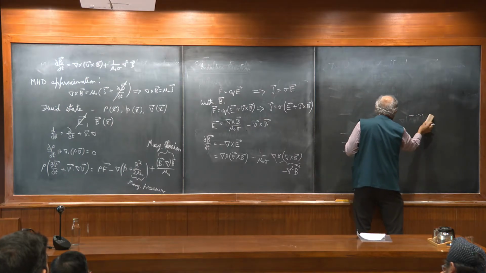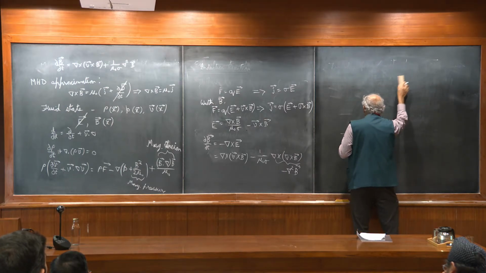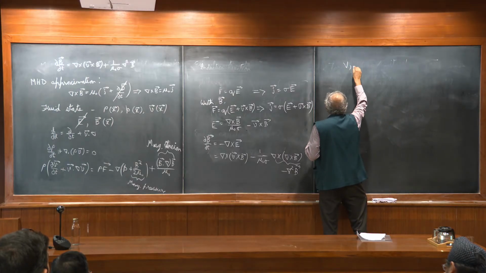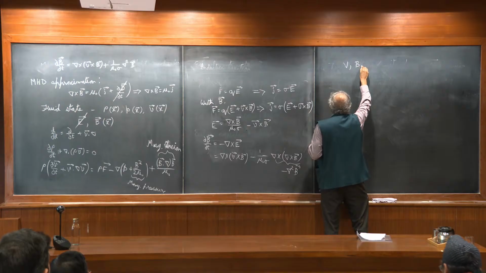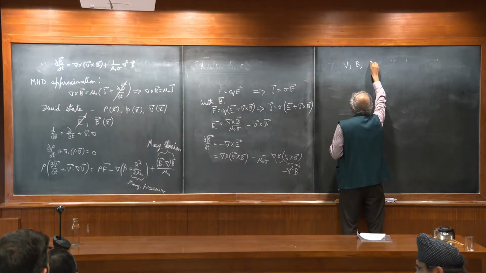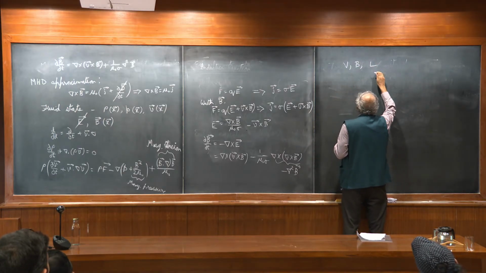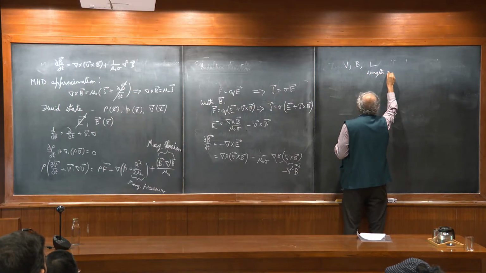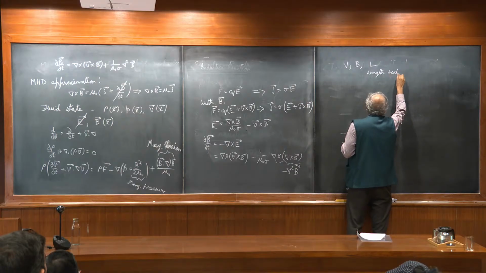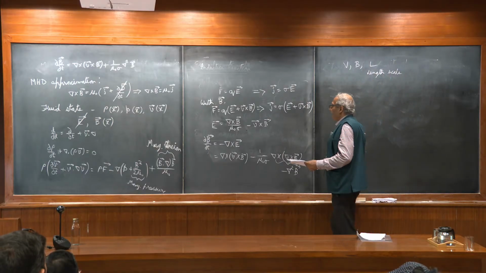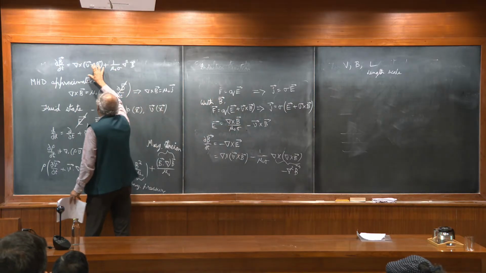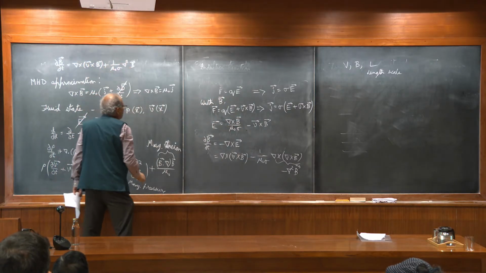Suppose we have some fluid in which the typical velocity field is given by V and the typical magnetic field is given by B, and let us call L the length scale. Length scale means the length over which this velocity field, magnetic field, etc. vary substantially. So now we can try to make a rough order of magnitude estimate of these terms.